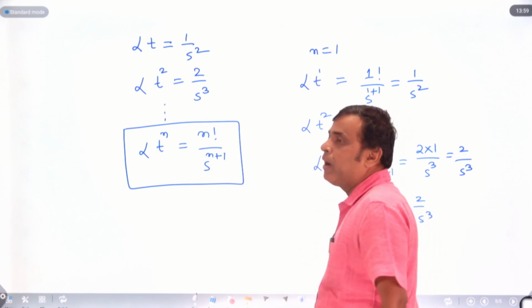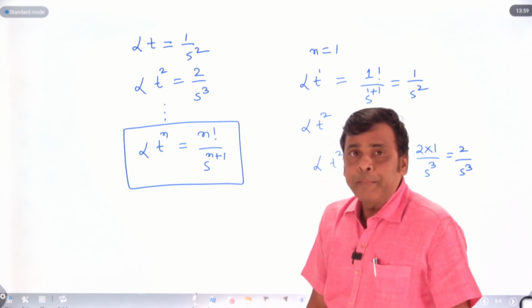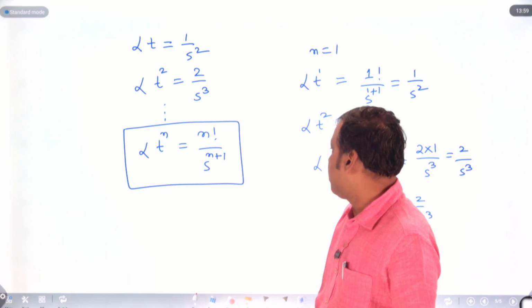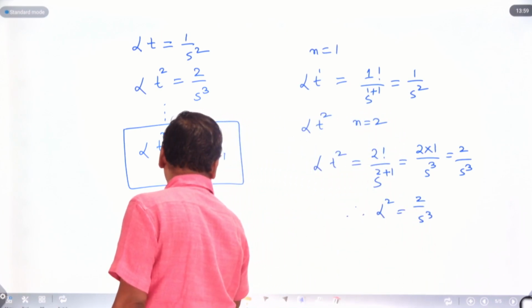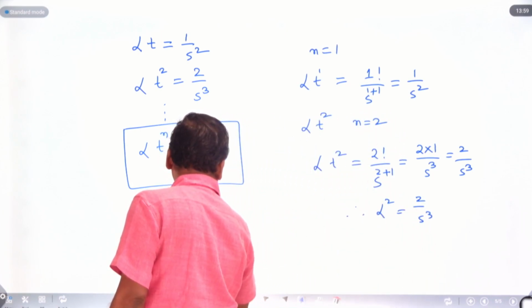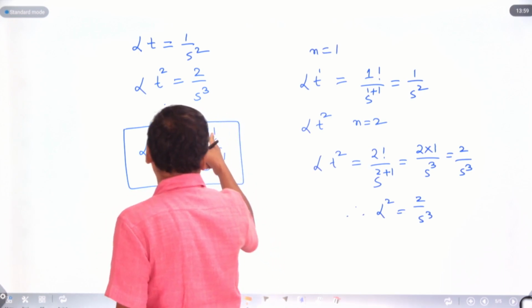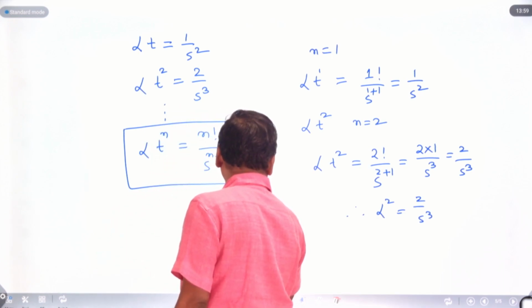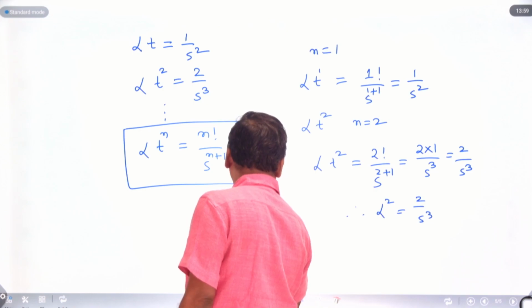The rule is satisfied. For the Laplace transform of t to the power 3, n is 3, so factorial 3 divided by s to the power 3 plus 1.